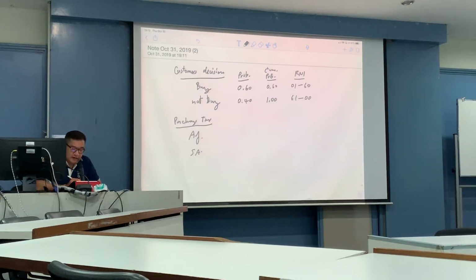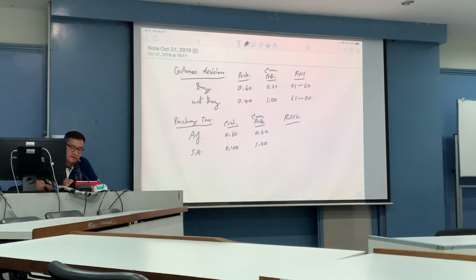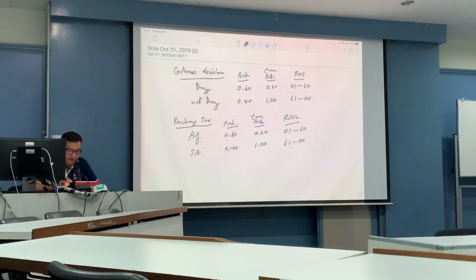We also have the probability for that, again with the same probability distribution, and the cumulative is 1. If we're using Rn2 to be the random number interval for the package tour, if you have the number 01 to 60, it is Africa, and 61 to 100 or 00 is South America.